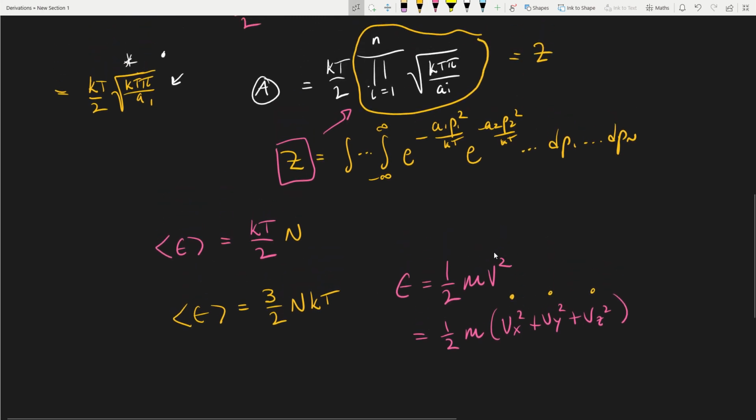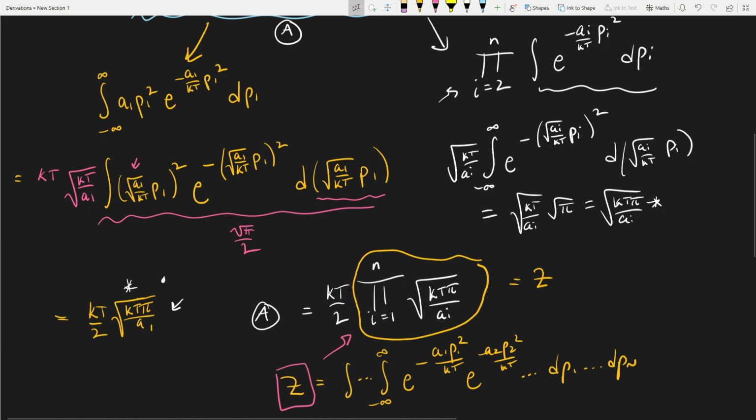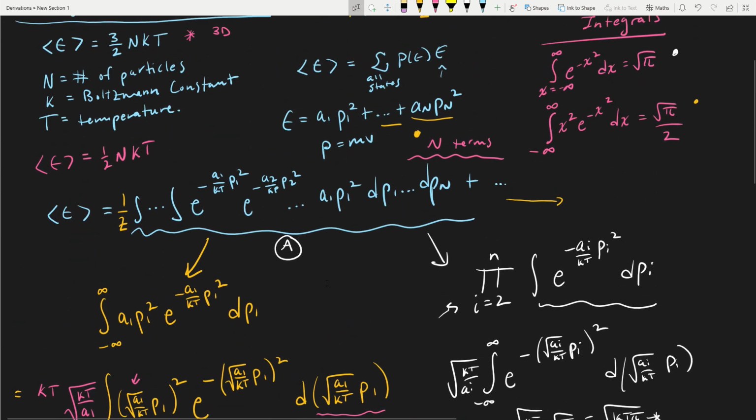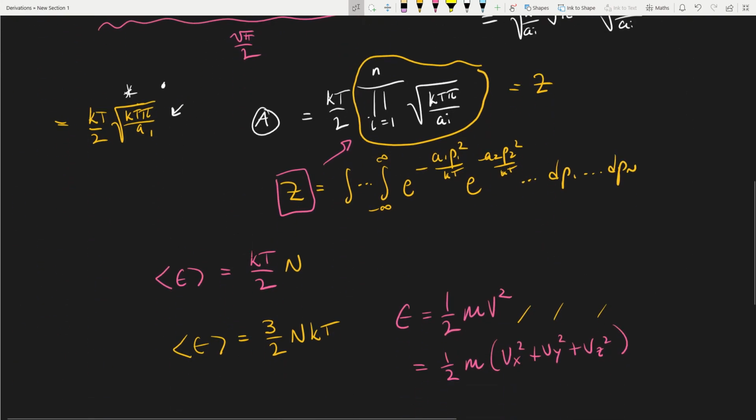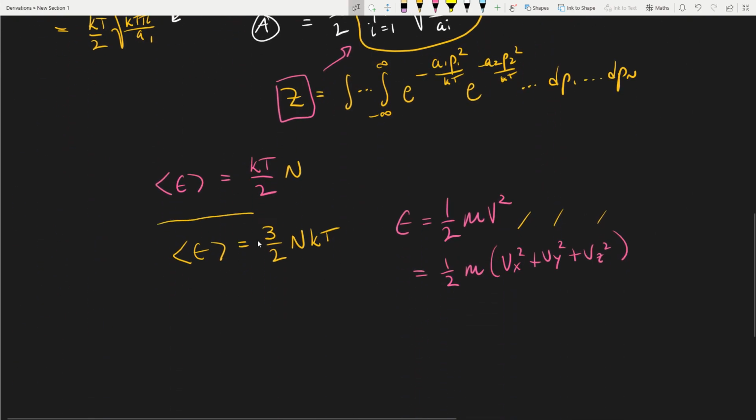I shouldn't write dots, that's kind of misleading. Physics uses dots for other things. But these terms are going to create more terms up here. And maybe I'll write it out, not much space, but basically you're going to get 3N terms for 3D, okay? So I hope that's clear. But yeah, this is how you get the average energy of a gas.